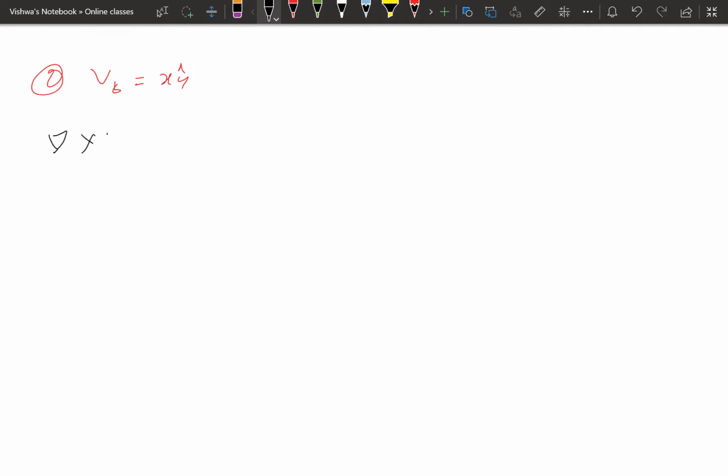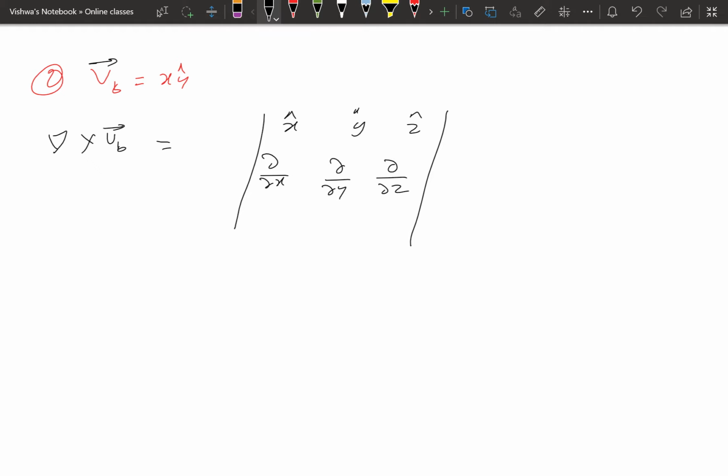Del cross VB is equal to, with the arrow mark that represents a vector field, x cap, y cap, z cap, dou by dou x, dou by dou y, dou by dou z. And in the third row we have to write the components of the vector field. The x component is 0, only the y component is present, that is x, and the z component is 0. We have to solve this.